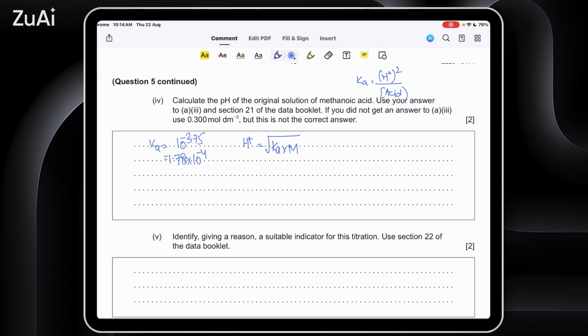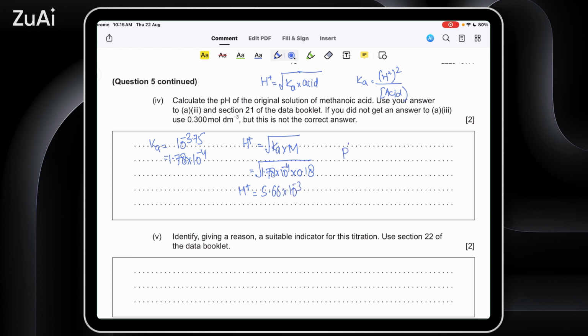So we can easily find the hydrogen ions by square root of Ka times acid. Now we have the Ka value, which is 1.78 times 10 to the power negative 4, times the concentration given to us, that is 0.18. We can easily find the hydrogen ions, which is 5.66 times 10 to the power negative 3.